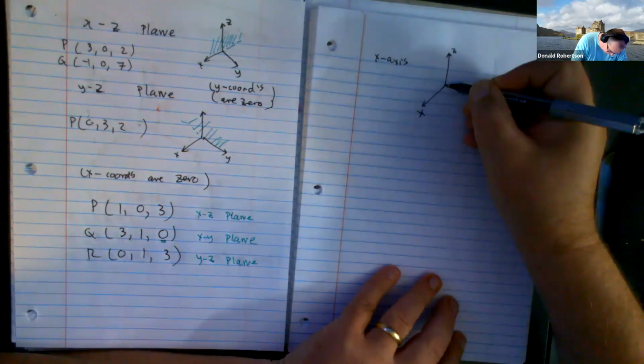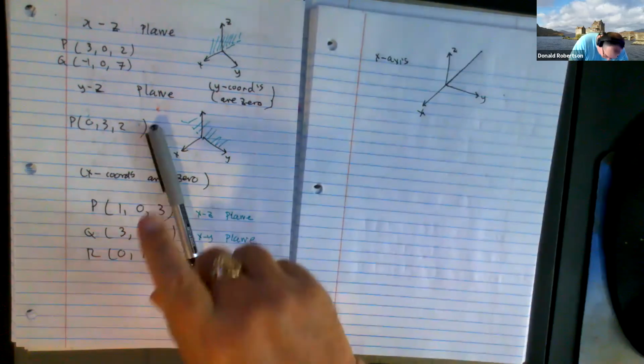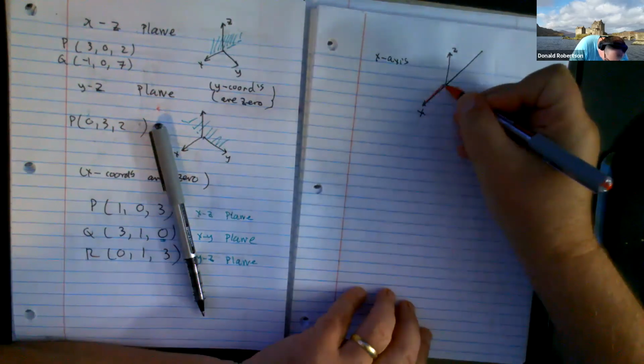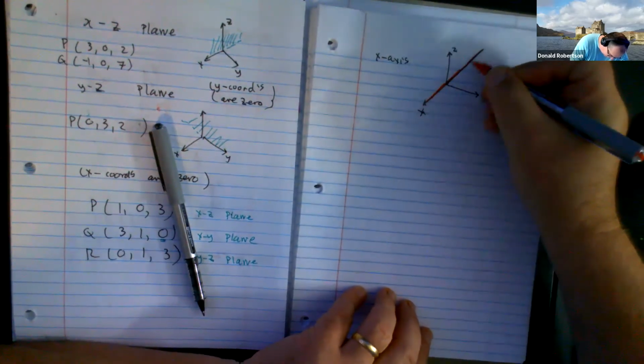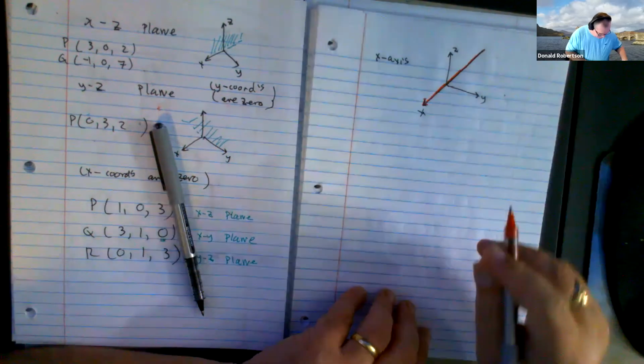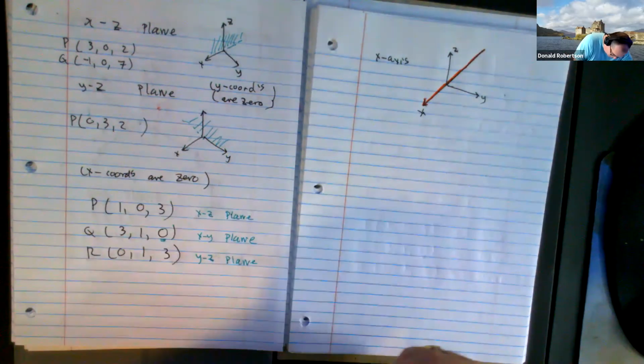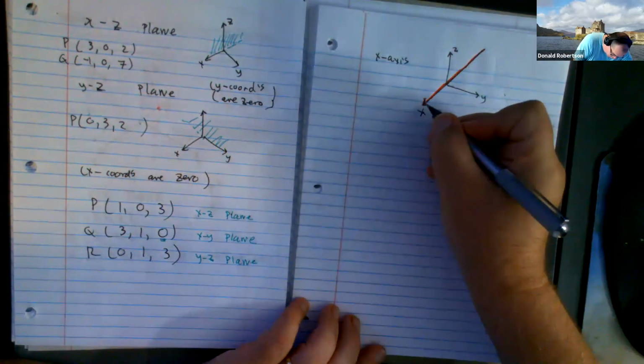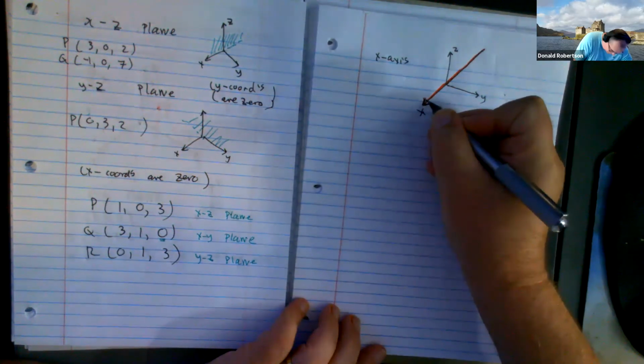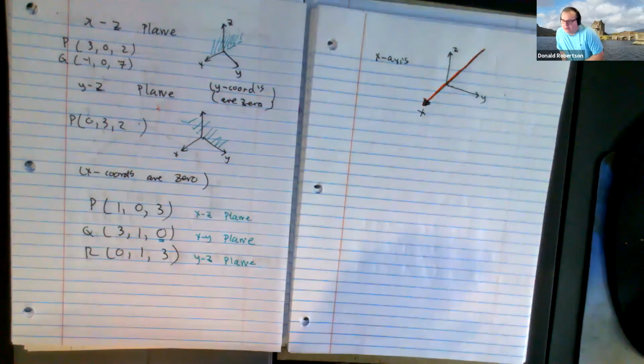So the x-axis essentially, maybe I should make them red, make them stand out. Right, that's the x-axis. We're looking for a property that makes it easy to tell if a point is on the x-axis.